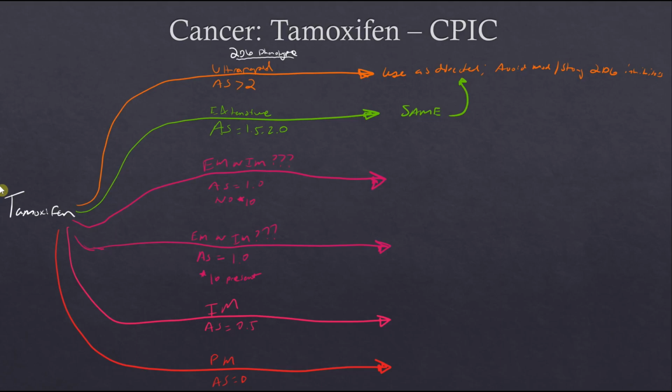Now let's take a look at what the recommendations are for intermediate metabolizers all the way down to poor metabolizers.